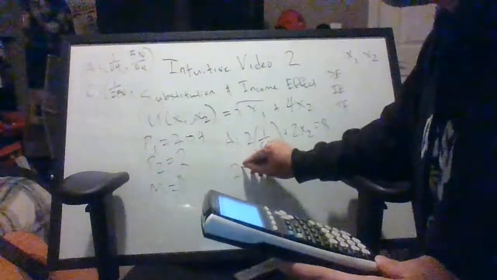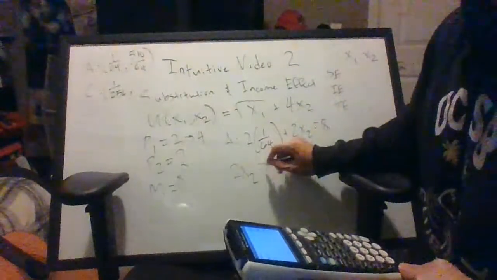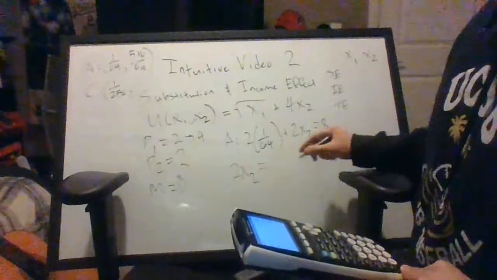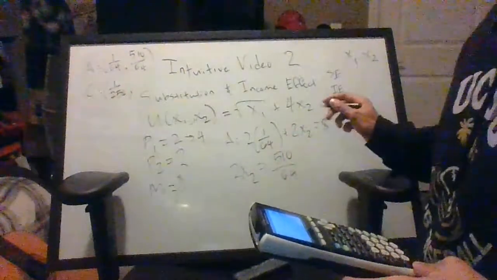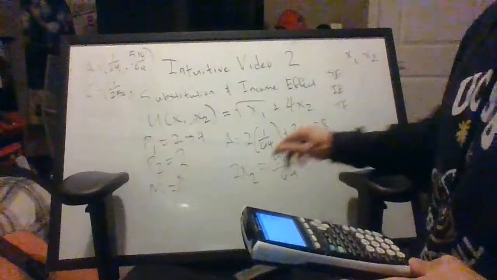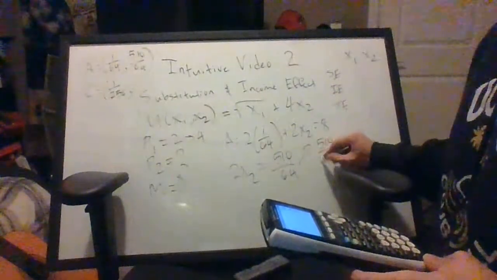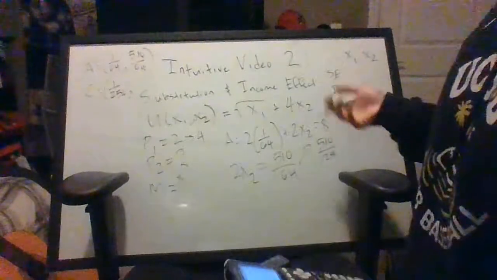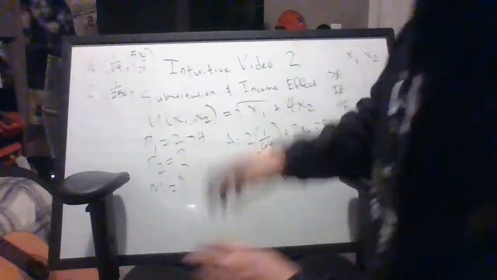So actually I did mess up. For those maybe who are keeping track, you probably already noticed, 2x2 should equal 510 over 64. And when you divide by 2, 510 over 128. Whatever this is, it's not really much of our concern. So this is actually what our bundle should be at point A.